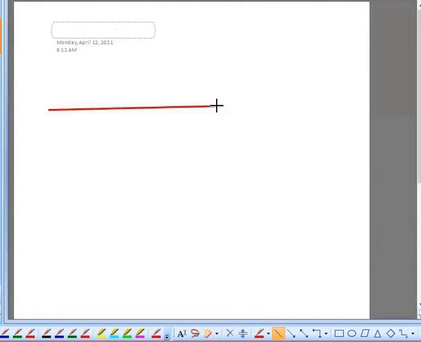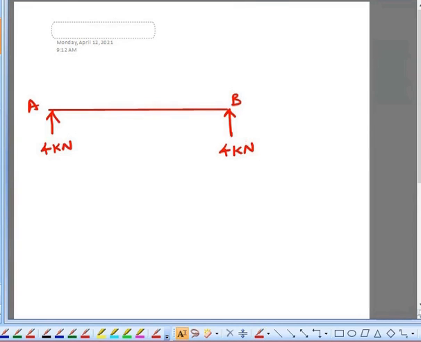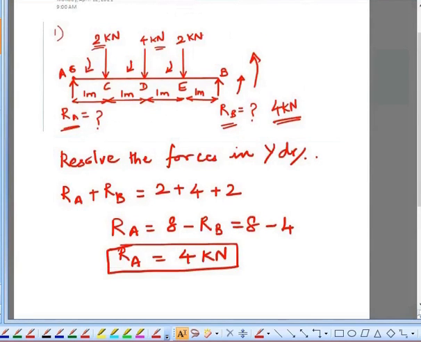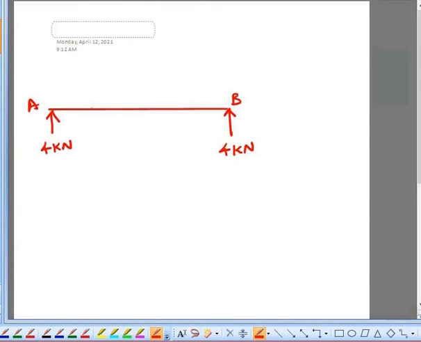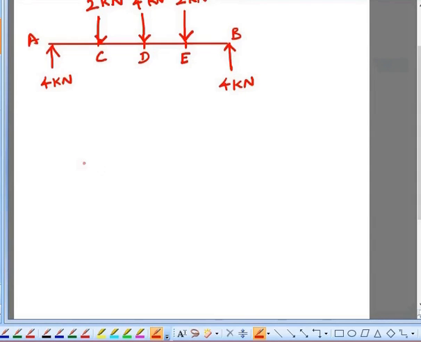So I have the values of the reaction at A and B. RA is 4 kilonewton, and at B the reaction is also 4 kilonewton. So this is your beam diagram.